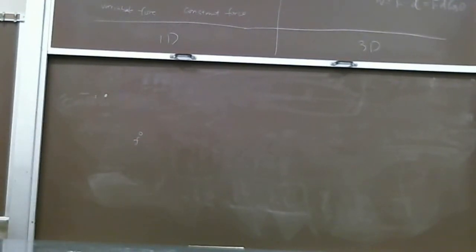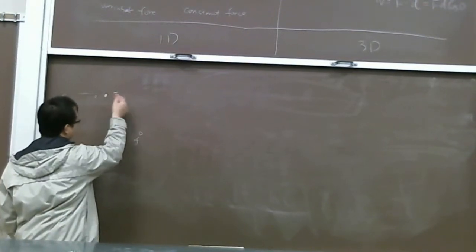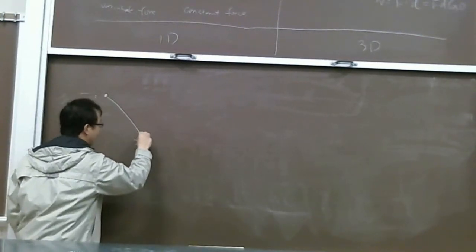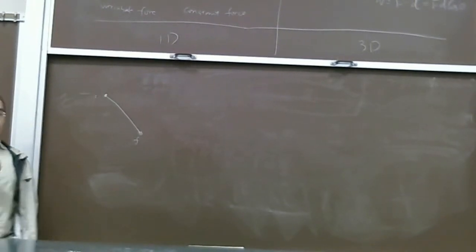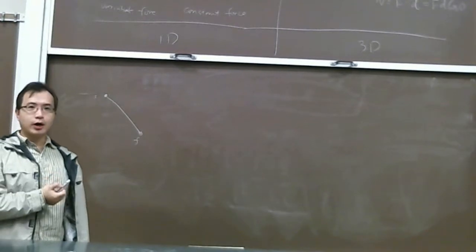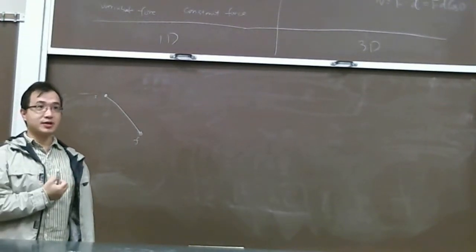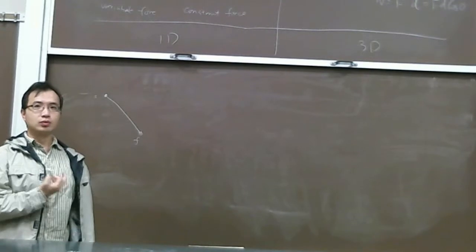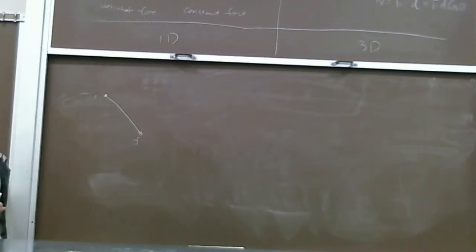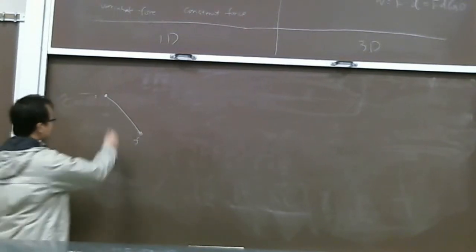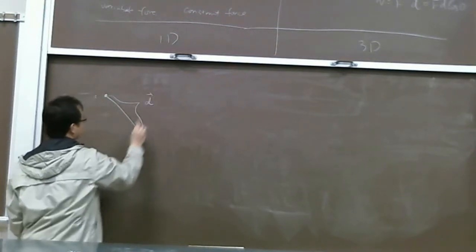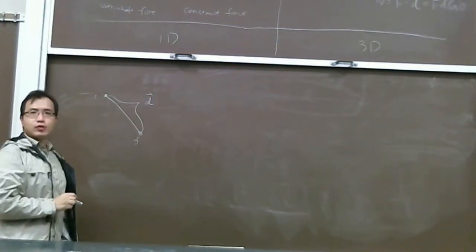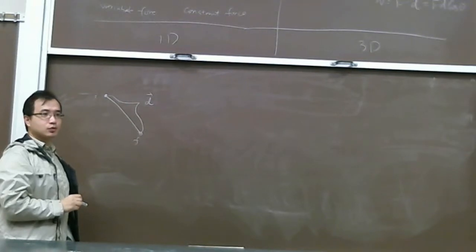It can go along any path, so we can try to evaluate from the straight line path. But please note that for conservative force, the work is independent of the path. Along different paths, your evaluation will give you the same result. So now let's look at this path. This is the displacement. And what is the direction of the force? Gravitational force.